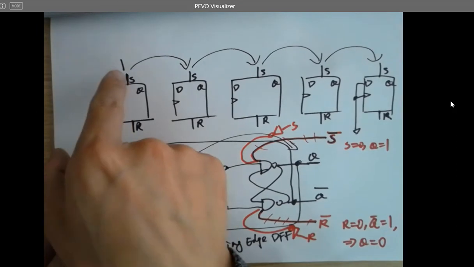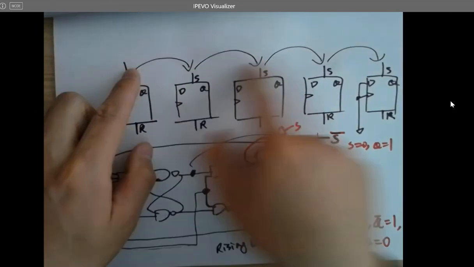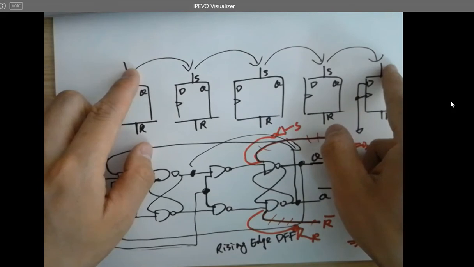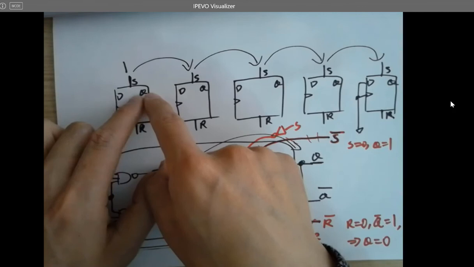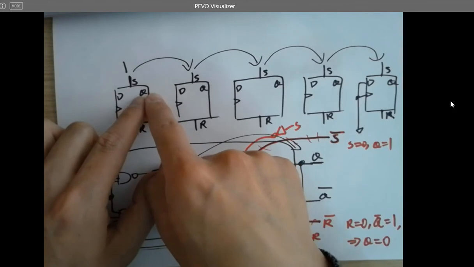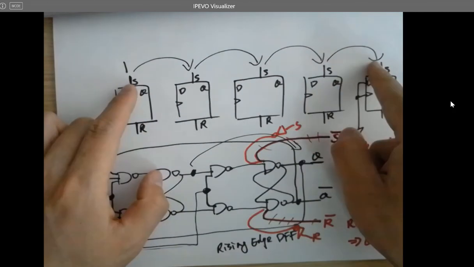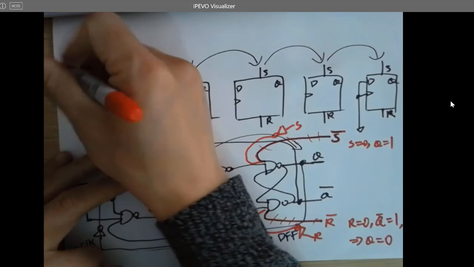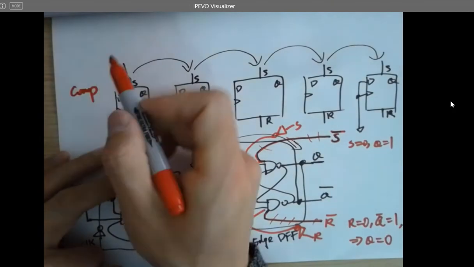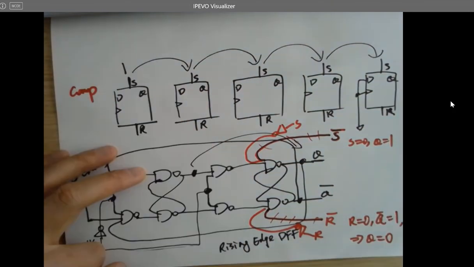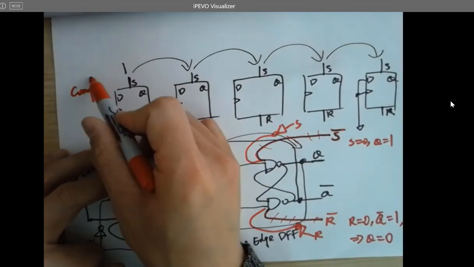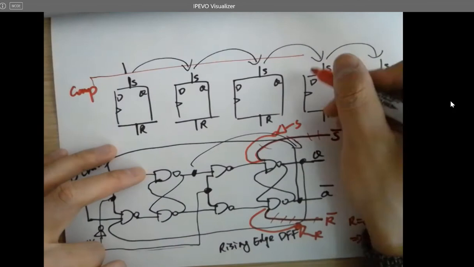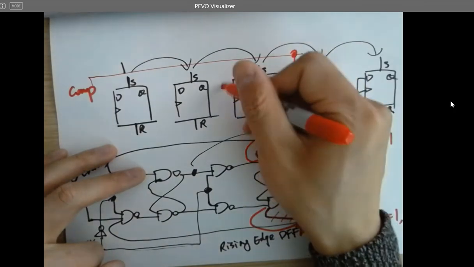One clock cycle, I put this one to be 1, and all the other ones are zeros, right? So I can set this part and make it to be 1. I just do it sequentially, and then I'm going to have a comp signal, which is the output of the op-amp. Here.